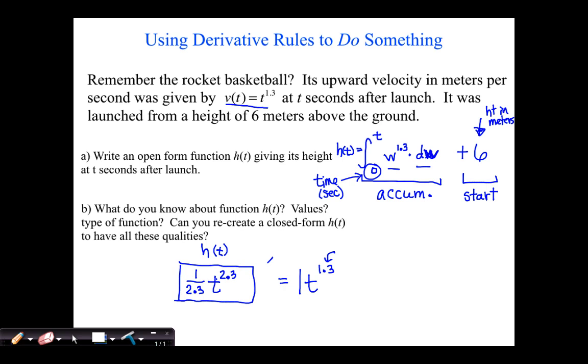What sorts of things can appear in a function that disappear when you take the derivative? Constants. If I had a plus 17, its derivative would also be this. If it had a minus 42, its derivative would also be that. But there's one specific number that it's supposed to have, because I know a second fact about function h of t.